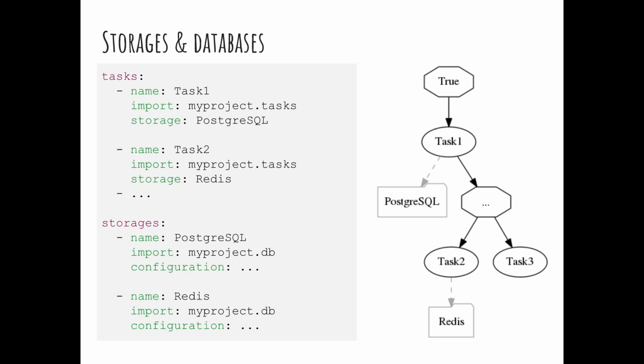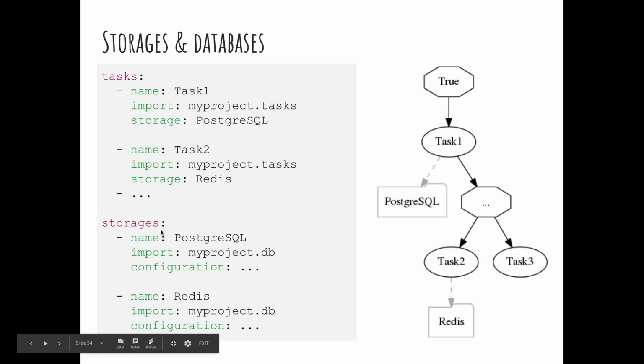Once we implement the given storage or database adapter, we just register it in the YAML configuration file under the storages section. So in this case, we put Redis in the storages section. We provide the import, the package or Python module from where the given implementation should be imported, and we also provide configuration like host, port, user, and so on, as needed for connecting to the database. This configuration is passed to the database adapter or storage adapter constructor by Selinon transparently.